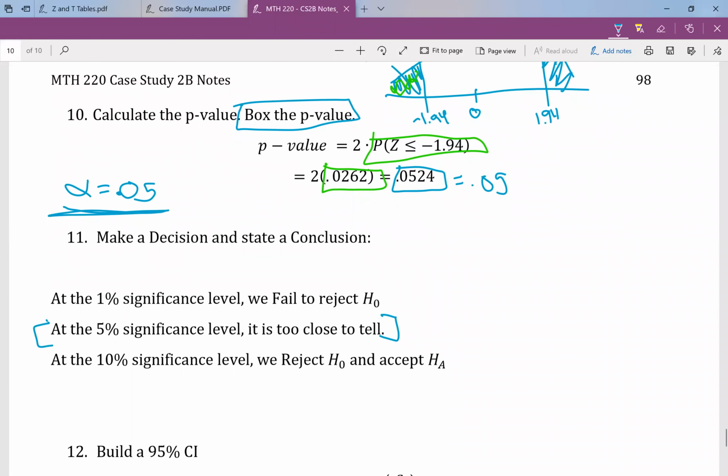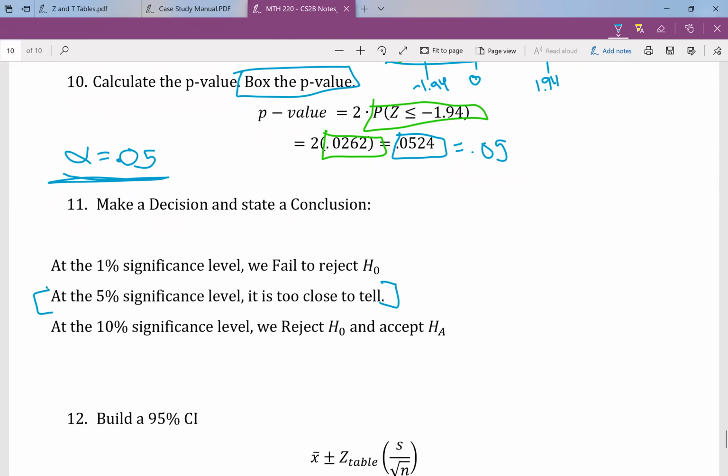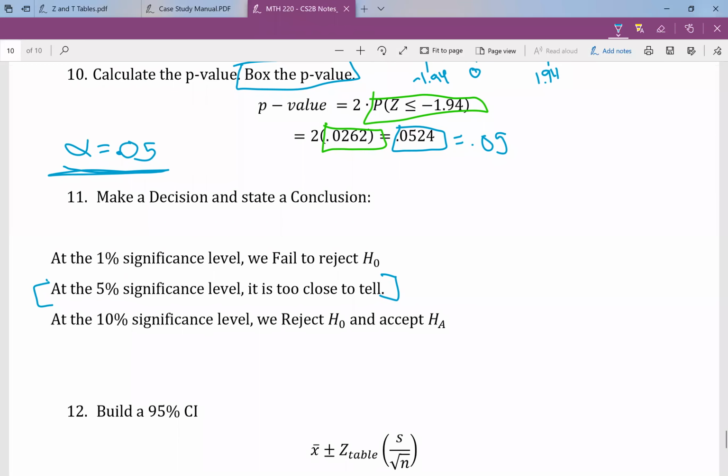All right, so now since we chose alpha as 0.05, I want to start by building a 95% confidence interval here. We had a large sample, so our formula is x bar plus or minus our z value times s over the square root of n.